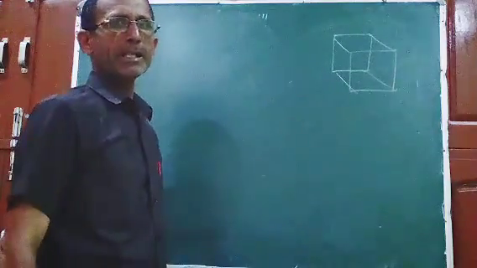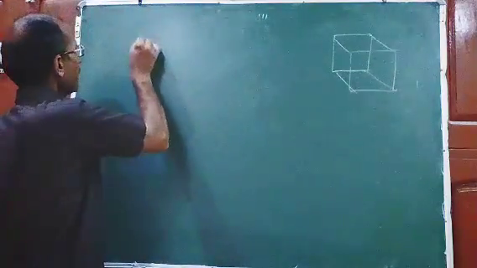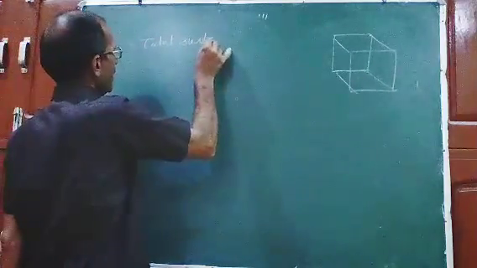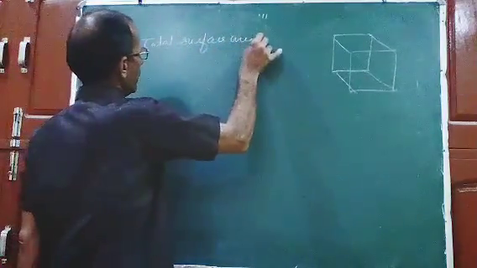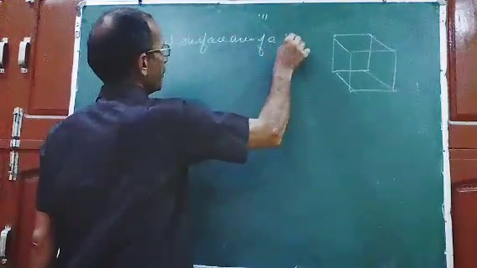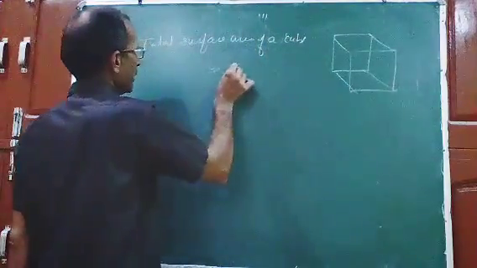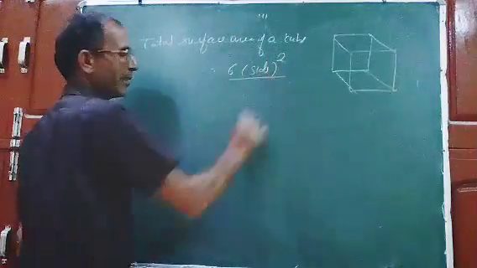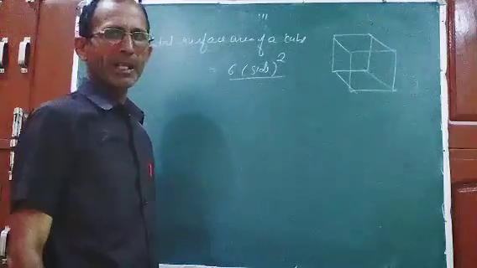Now the total surface area of a cube is 6 into side square.